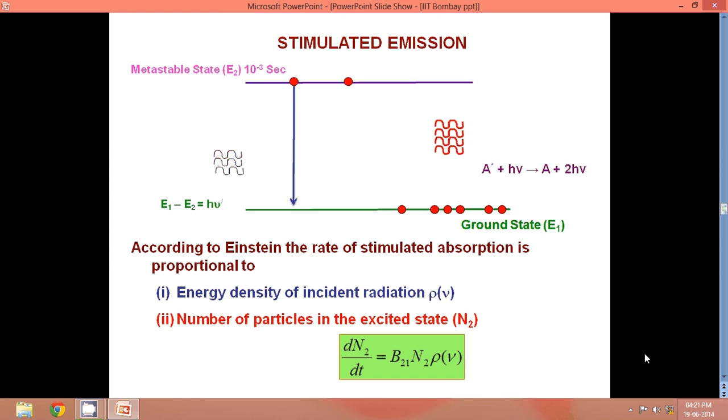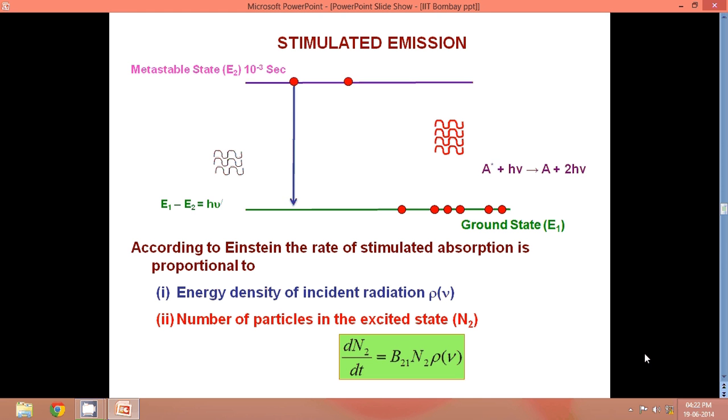If the atoms live a long time, we have sufficient time to shine the system with external energy or photon energy whose frequency is exactly equal to the difference between the two levels.